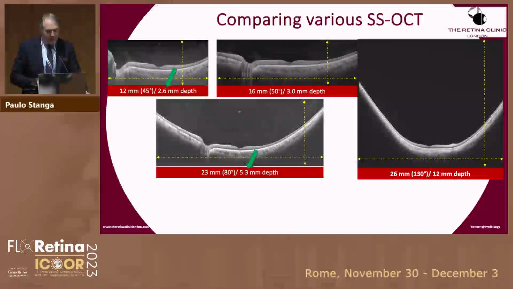As a comparison, this is a standard 12 millimeter long scan, a single scan with a 2.6 millimeter window, a 16 millimeter scan with a 3 millimeter deep window, a 23 millimeter scan, that's already wide field, with a 5.3 millimeter window, and this is now the Intalight device, 26 millimeter, 130 degrees with a 12 millimeter window.